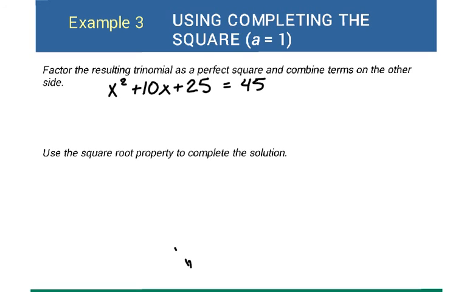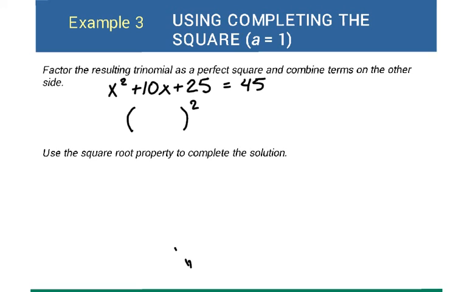So when we factor x squared plus 10x plus 25, because of the way we are completing the square in this quadratic equation, our left side here is known as a perfect square. What's inside our parentheses is linear, and it's that squared.